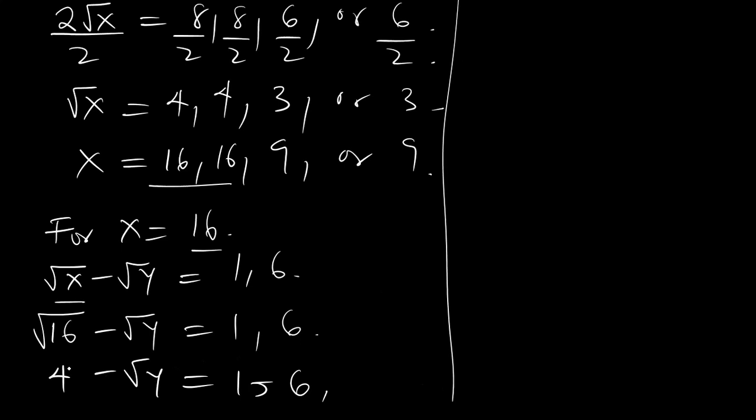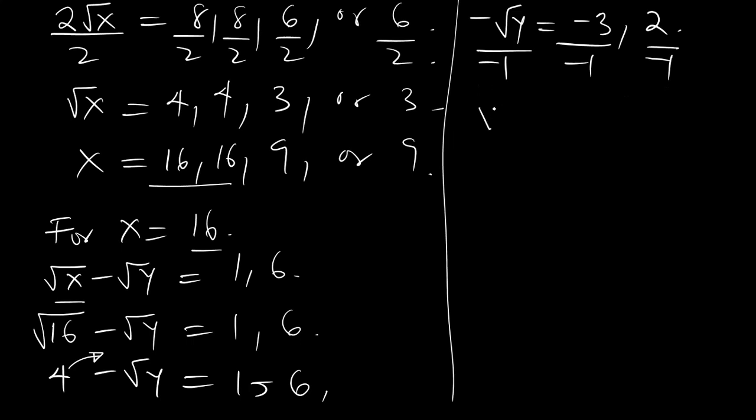Now if you move this plus 4 to the other side, you have minus square root of y equal to minus 3 and minus 2. So divide both sides by minus 1.